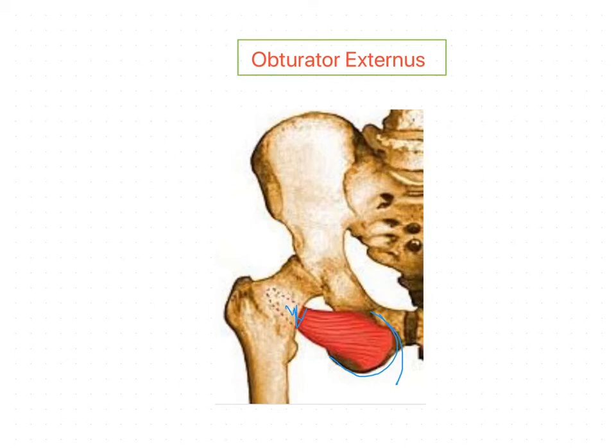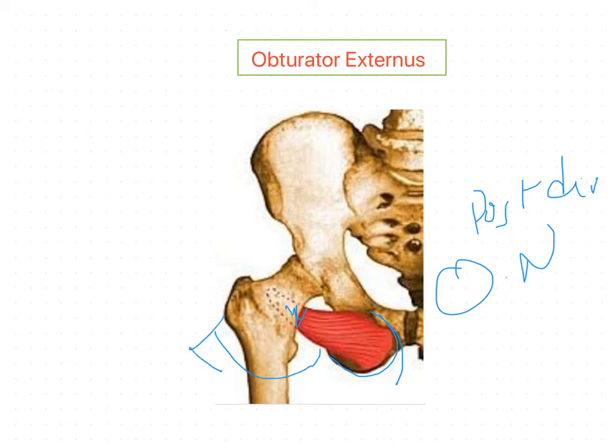It is supplied by the posterior division of the obturator nerve. It also helps in the lateral rotation of the thigh. So these are all about the muscles of the gluteal region.